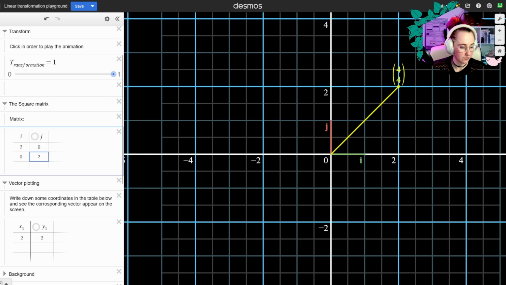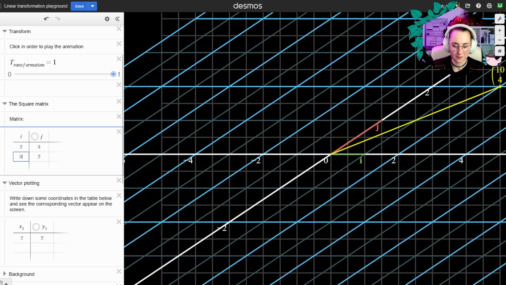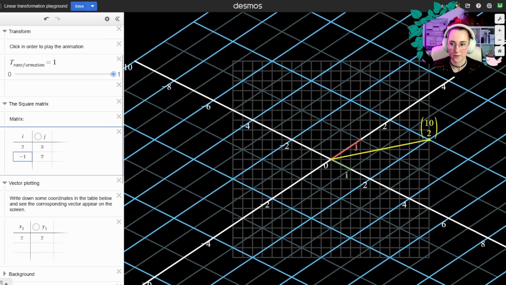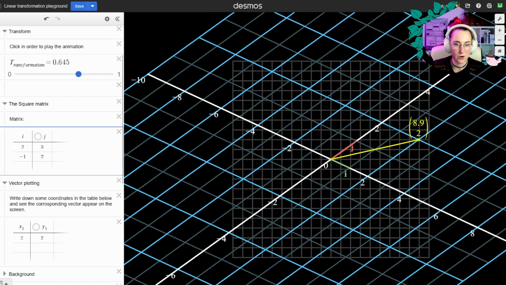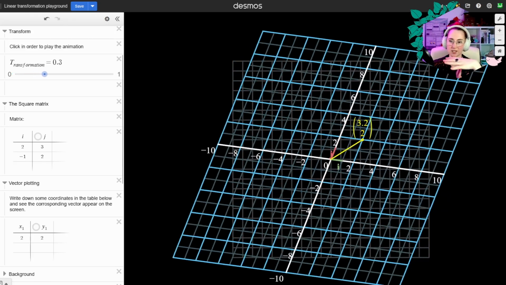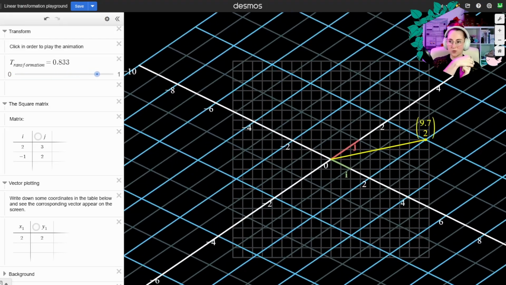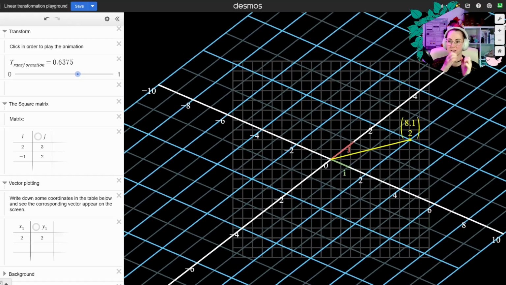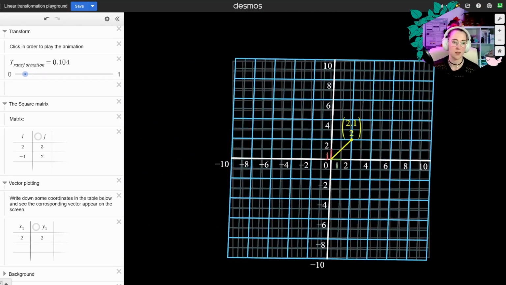Then the other thing we were looking at was more funky things, right? So here we have a nice stretch and rotate. If we look at this transformation, it looks like it's rotating. And what's actually happening is it's stretching in the one direction and stretching in the other, and that's giving it this twist.